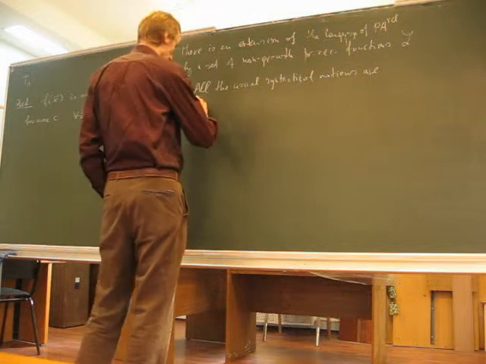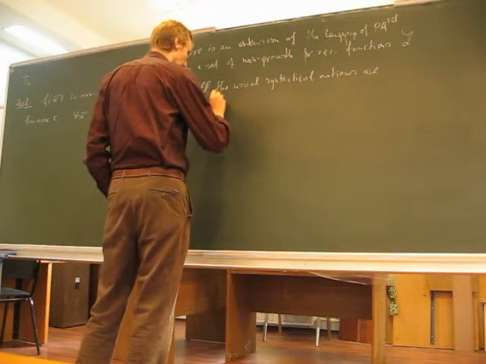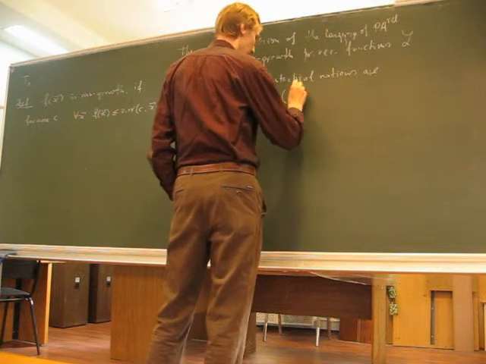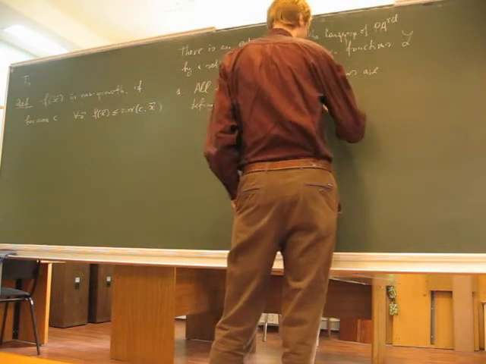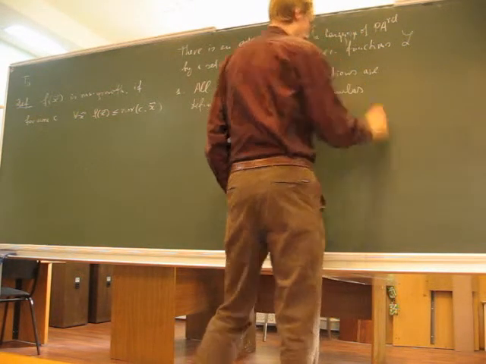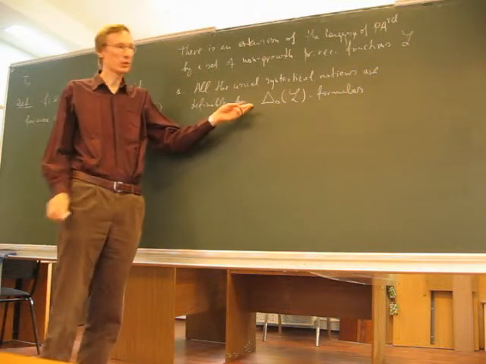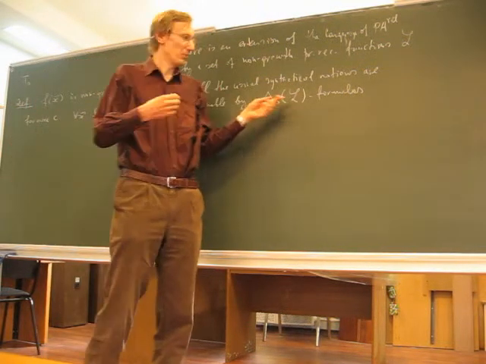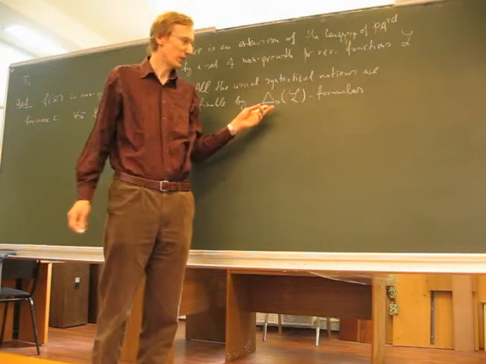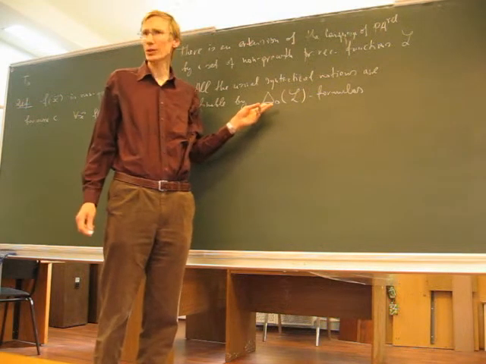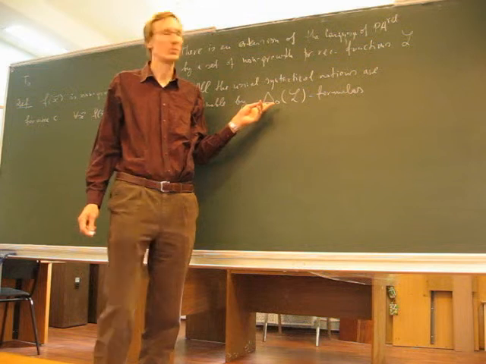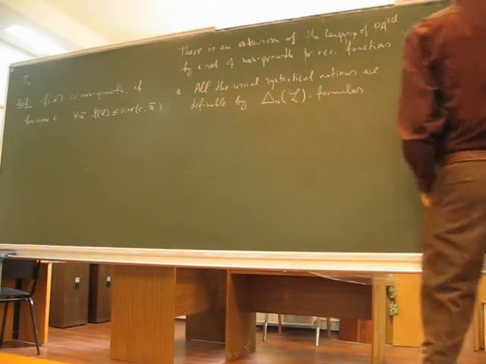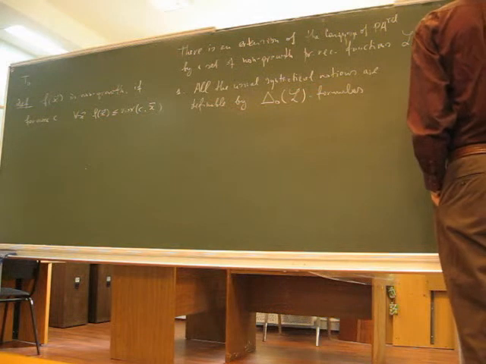So are definable by what I call delta 0 of L formulas. That is, once again, the formulas which may contain symbols from L, the usual first order formulas with equality, but all the quantifiers occurring in these formulas must be bounded, that is, have the form x smaller than t, something.